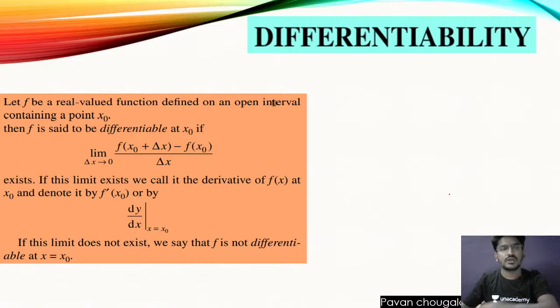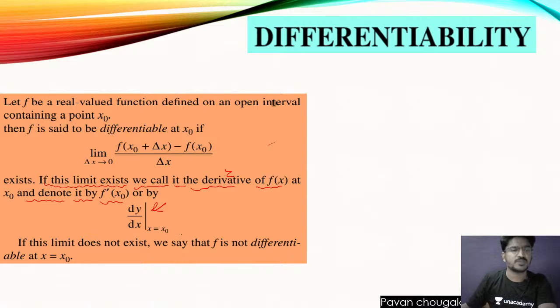Okay, clear. So now see here, if this limit exists, we call it the derivative of f of x at x naught. You can see here, we call it the derivative of f of x at x naught and denote it by f dash of x naught, or we write it by dy by dx.